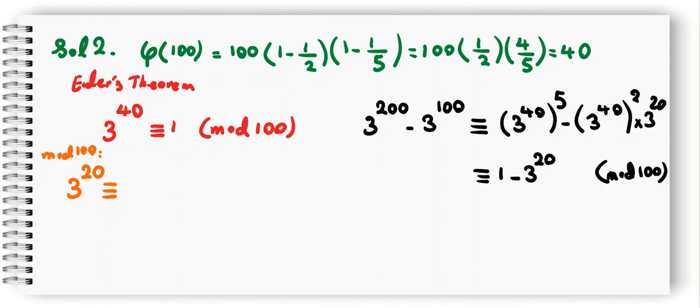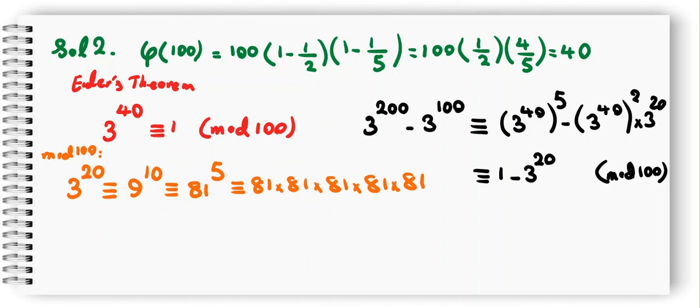We say it is 9 to the 10, and also you can say it is 81 to the power of 5, which is 81 times 81 times 81 times 81 times 81. In the next step, we calculate 81 times 81, last two digits: 1, 8, 8.